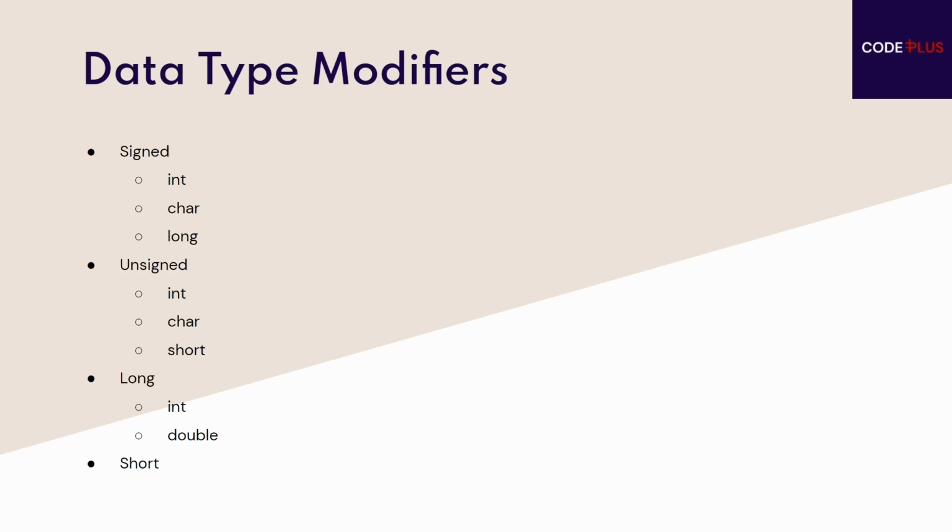Now let's learn what a data type modifier is. As the name implies, data type modifiers are used with the built-in data types to modify the length of data that a particular data type can hold. There are 4 types of modifiers: signed, unsigned, long, and short.